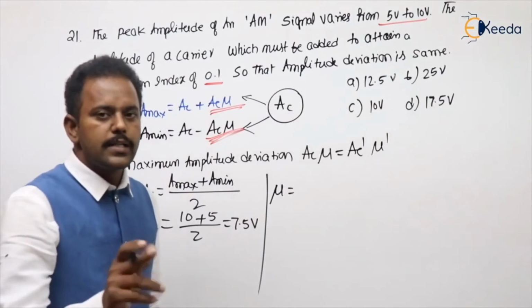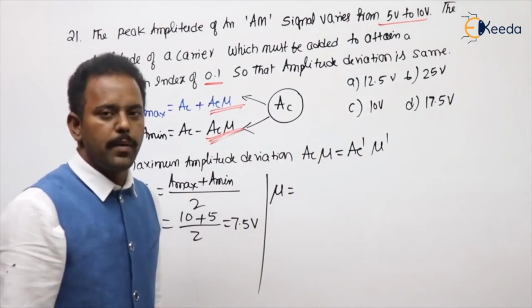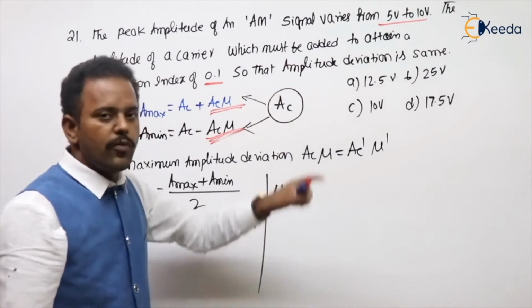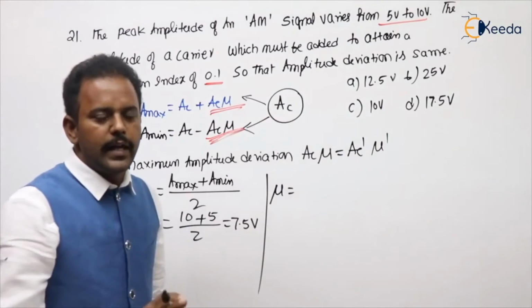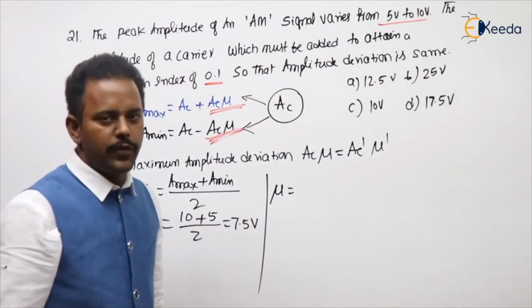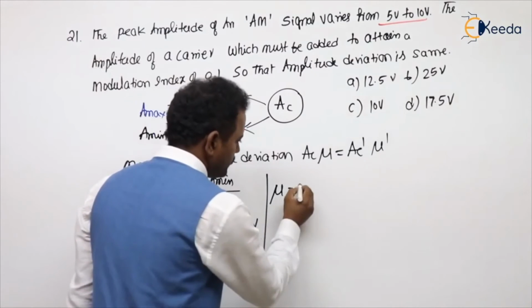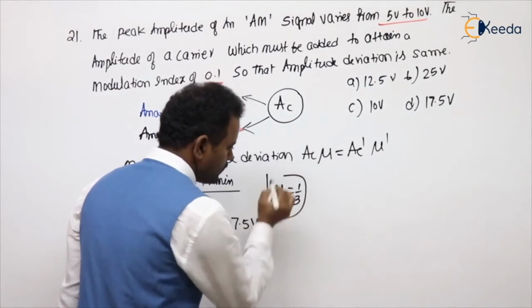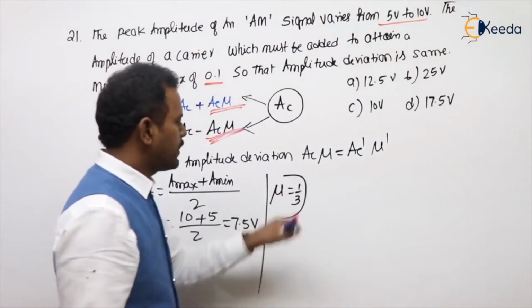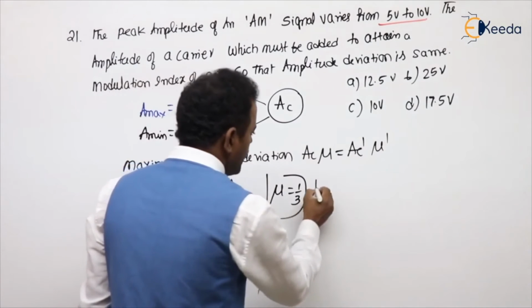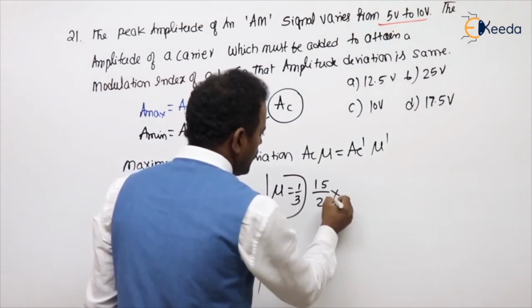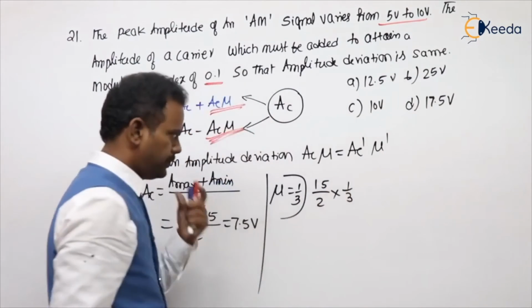A max minus A minimum by A max plus A minimum. 10 minus 5 by 10 plus 5. Are you getting my point or not? 10 minus 5 means 5 by 15, so 1 by 3. Substitute here, AC value is 7.5, so I can also write 15 by 2 into 1 by 3.